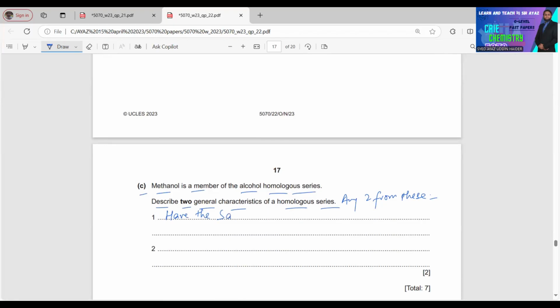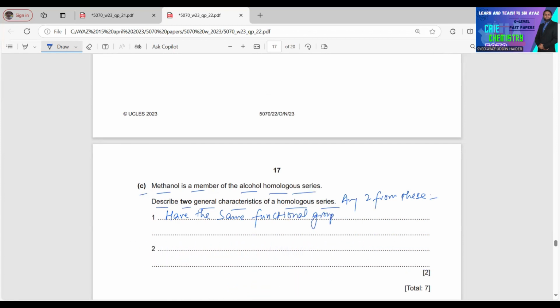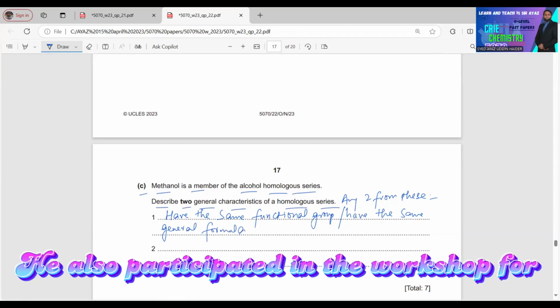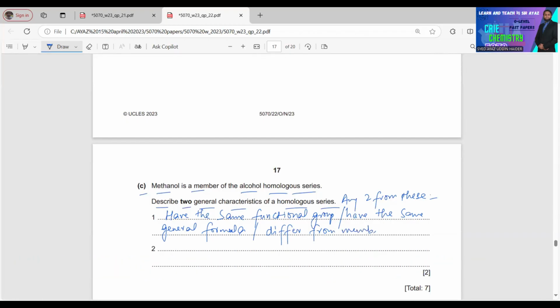Have the same functional group. Have the same general formula. Or you can write differ from members by CH2 group.